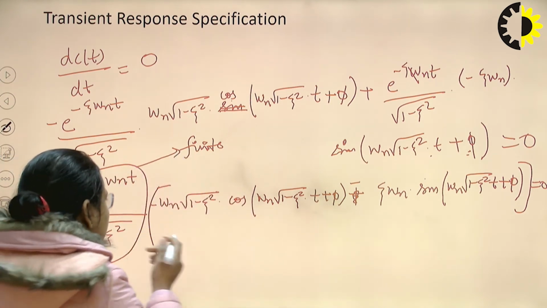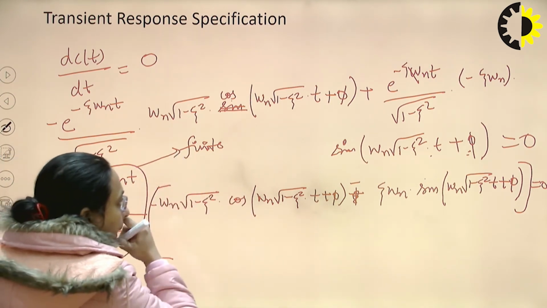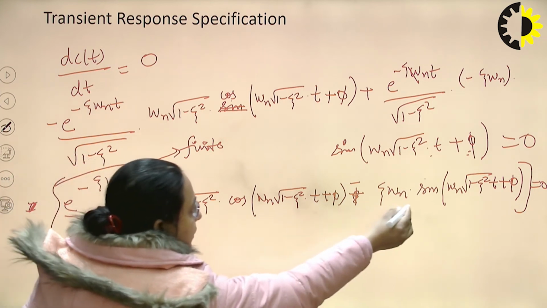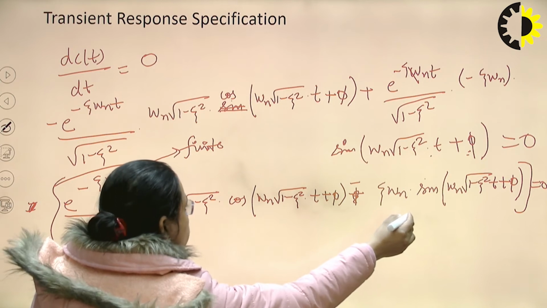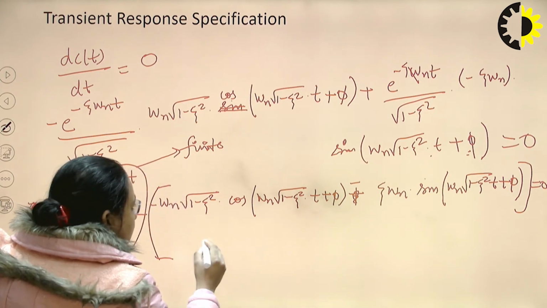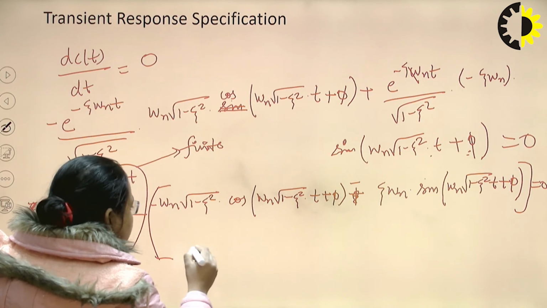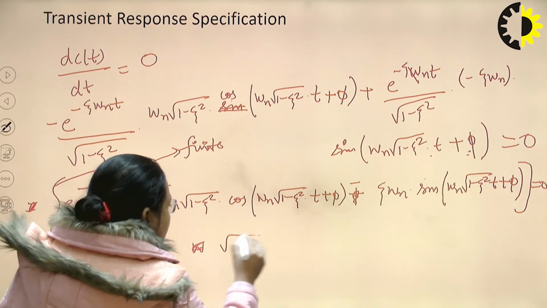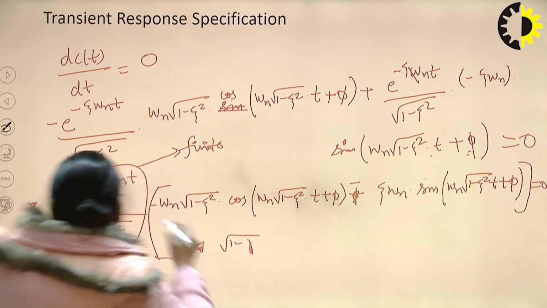This term is fine. So we can take this sine term and this cosine term, and we equate these terms. We simply get under root 1 minus zeta square.